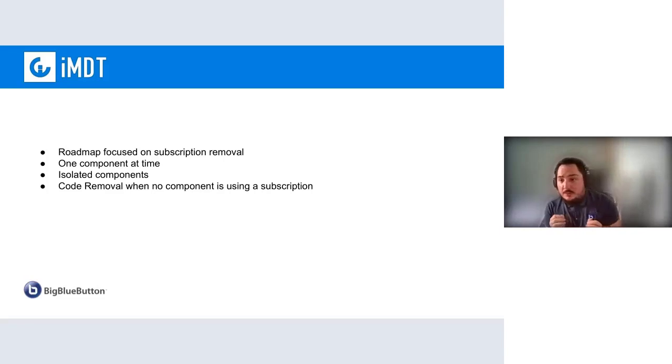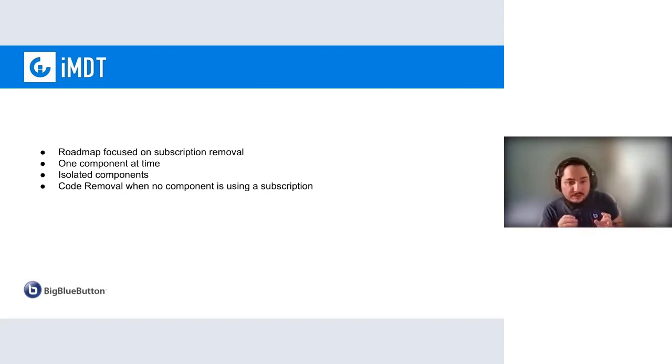So, for example, we have mapped all our subscriptions and identified all the components within the client that rely on each subscription. That allows us to follow this roadmap, removing a specific subscription at a time.